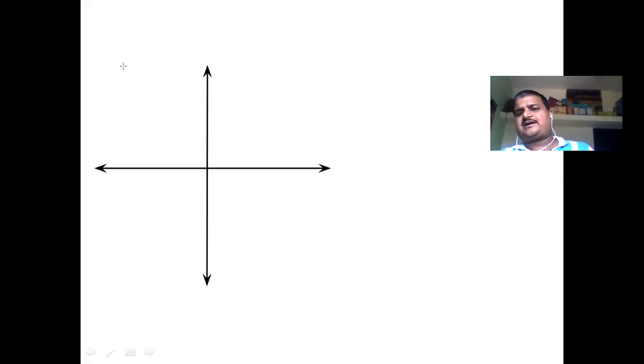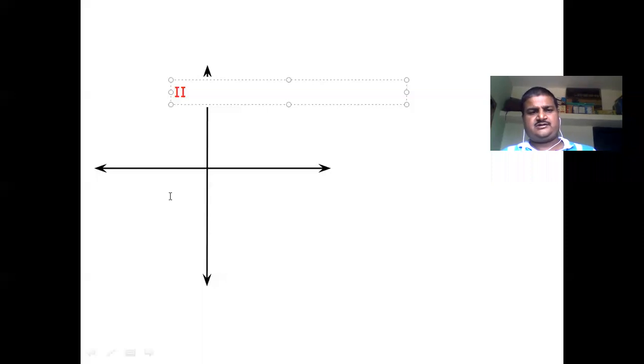And in those lines, we name the quadrants in the anti-clockwise direction. For example, this is quadrant number 1. This quadrant is known as quadrant number 2. The next quadrant is known as quadrant number 3.